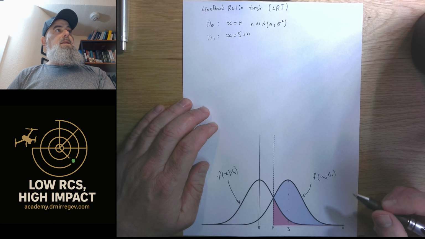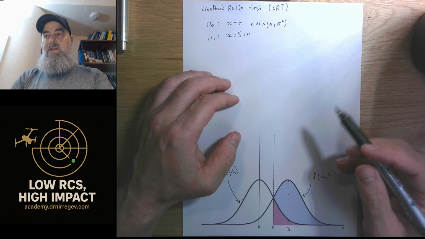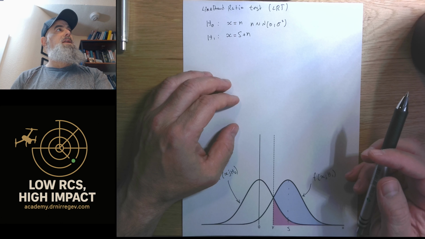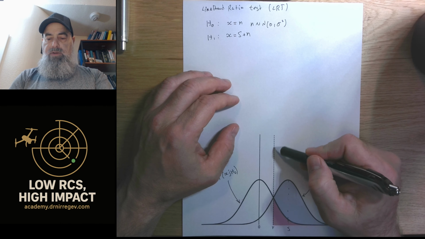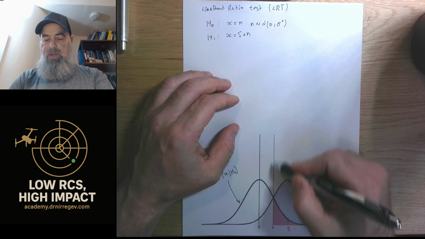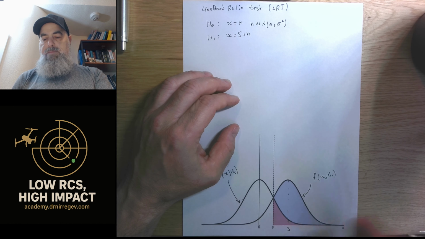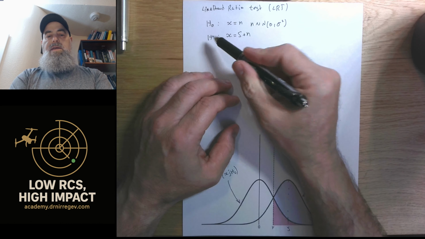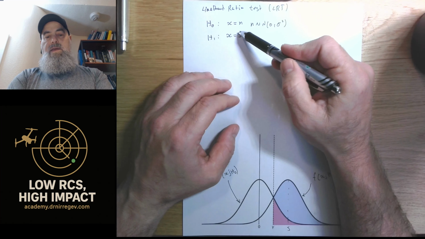Okay, now the most, I would say, trivial thing that we can do, or the most straightforward and even intuitive thing that we can do, is just put a threshold here. Let's call it gamma. And everything above gamma, we say it's the alternative hypothesis, or it's the signal.